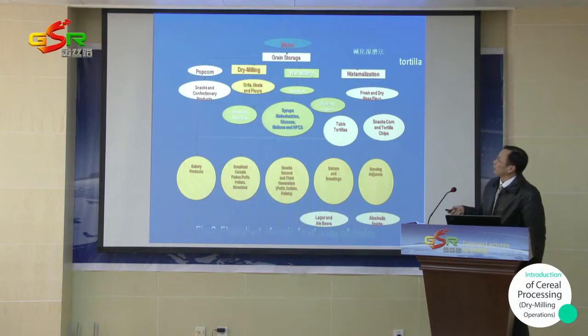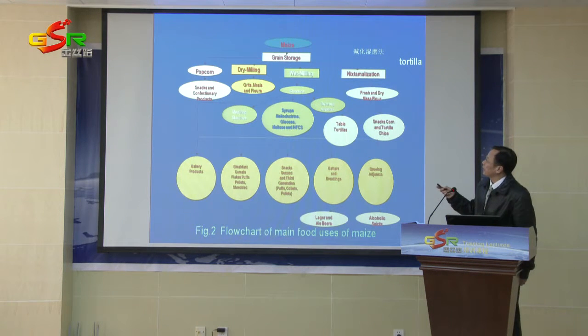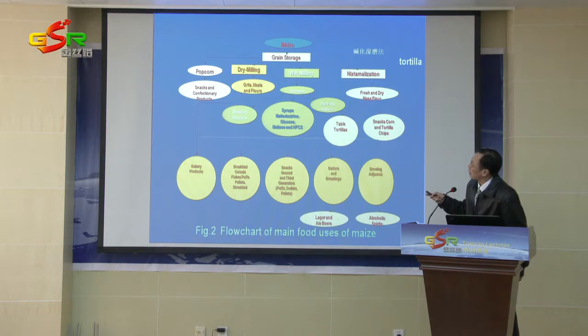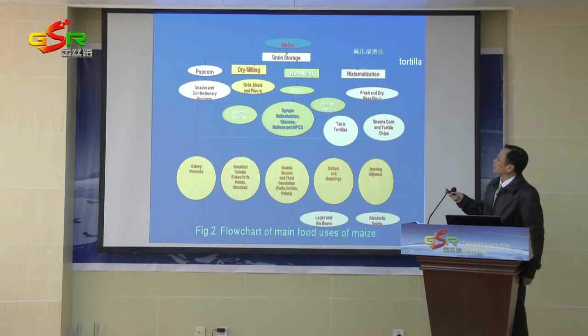For example, maize can be processed by the dry milling and wet milling to produce different products, such as dry milling has the products grits, meal, and flour, and from wet milling we can get the starch and the sugar, glucose, and so on.